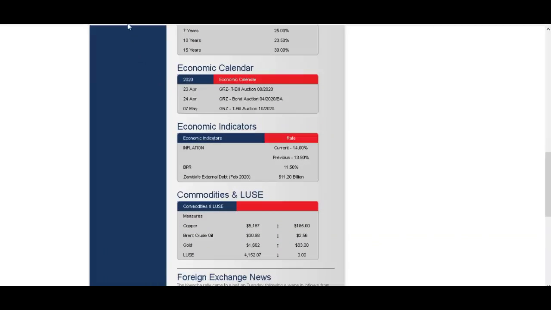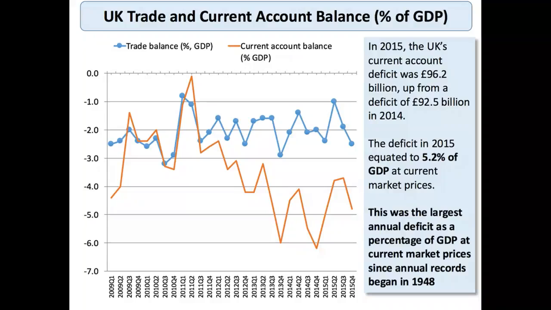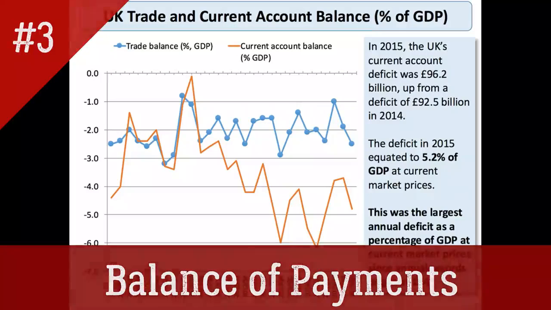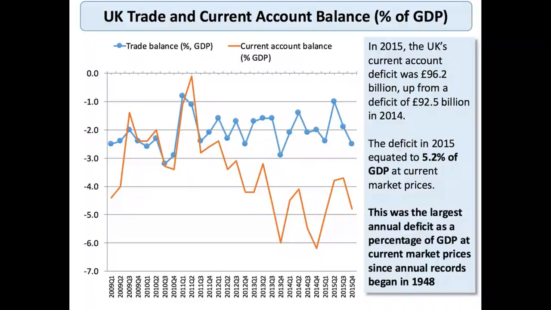The other factor is what is referred to as the balance of payments, or a country's current account. To simplify this, think of two countries, Zambia and South Africa. If Zambia imports more from South Africa than it exports to that particular country, we'll have a deficit in the trade, an imbalance in terms of what we export to that country.